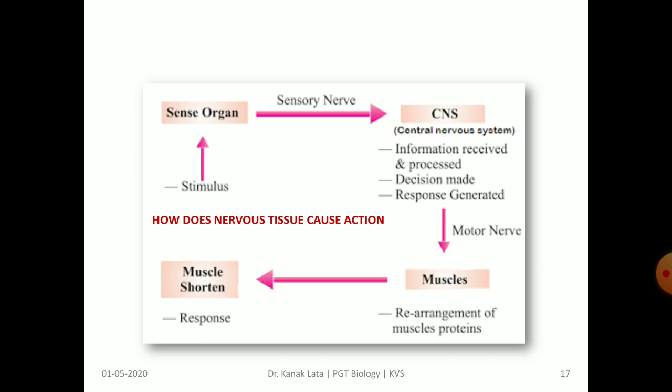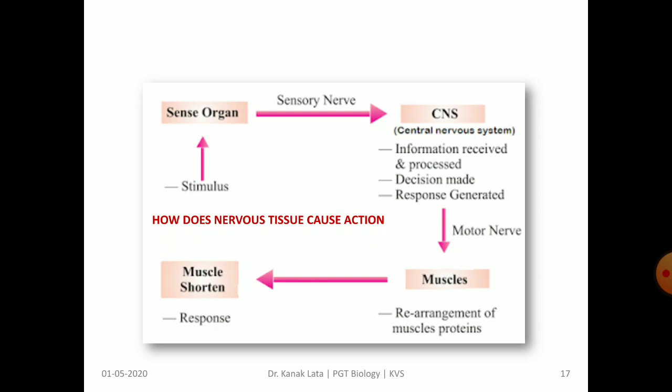This is the flow chart through which it can be easily understood how nervous tissue causes action. First, the stimulus is received by sense organ. Then through sensory nerve it passes to central nervous system. Here information received is processed, decision is made and response is generated.